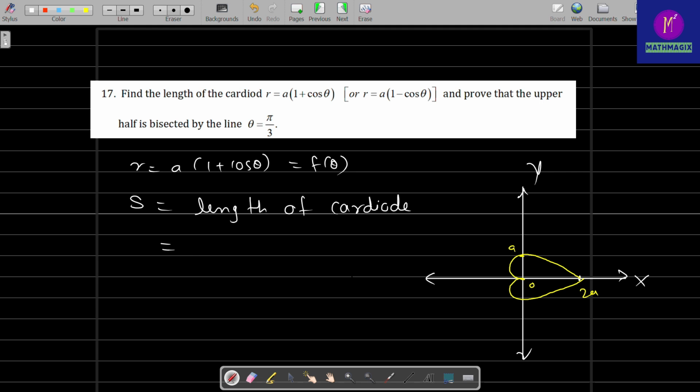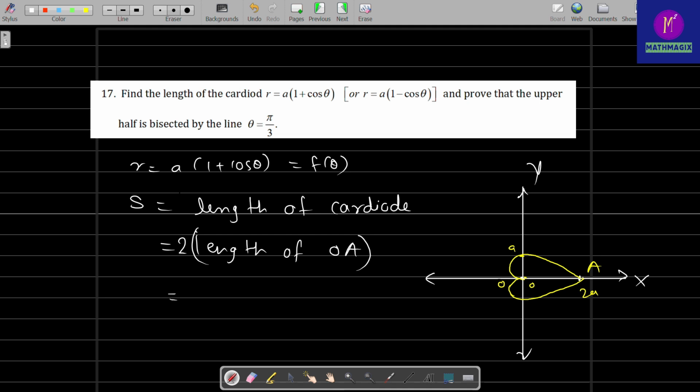Now we can clearly see from the diagram that the cardioid is symmetric about the x-axis, so it is absolutely okay if I find the length of only the upper half of the cardioid. Suppose this point is origin O, and this point is A. So here I am going to find the length of OA, and twice of that will be the complete length of the cardioid. So let us concentrate only on the upper half of the cardioid.